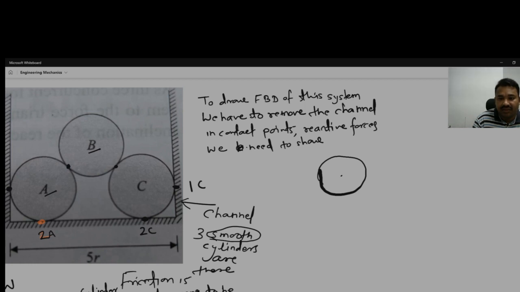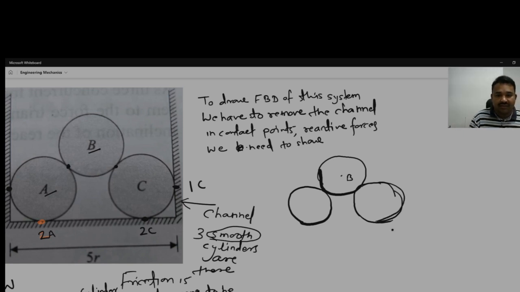This is B, this is A and this is C. So what we are going to show right now are the reactive forces at the contact points.